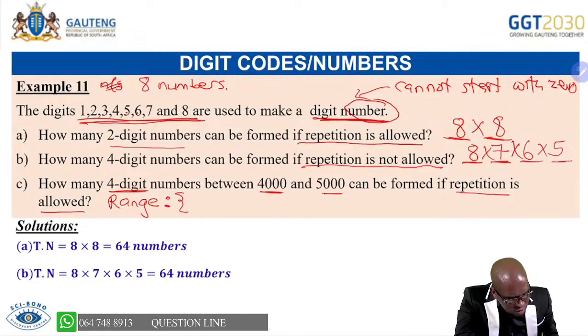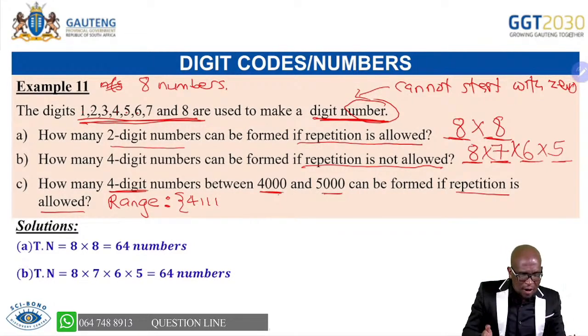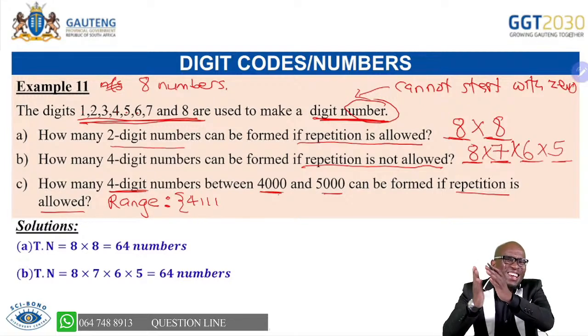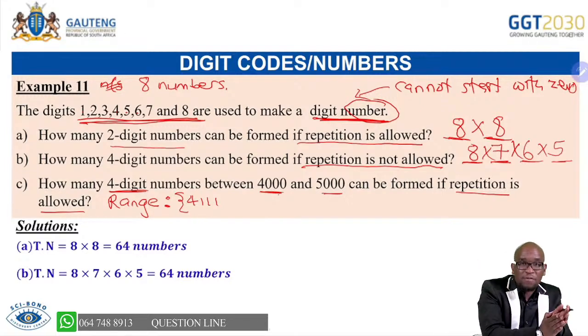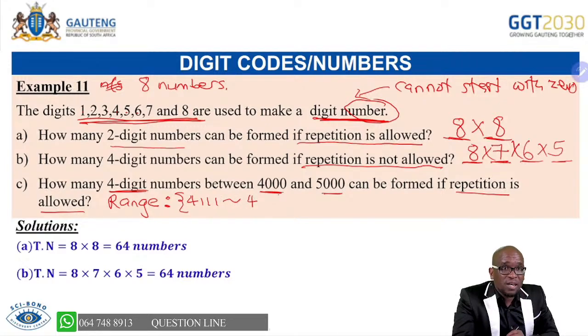They said between 4,000 and 5,000, which means the lowest code can be 4,000. It starts with 4, 4111. Remember, between 4,000 and 5,000, it's a number that is greater than 4,000 but less than 5,000. Which means the biggest number that we can form here can be 4, right?